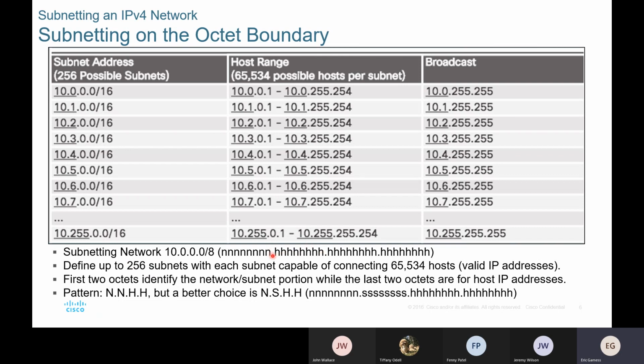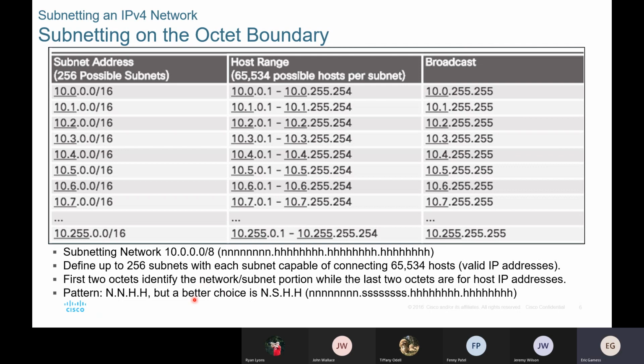Each subnet will have 16 bits to manage the host portion, so the total number of IP addresses will be 2 to the power of 16, which is 65,536. Since we always lose 2 IP addresses in the network, the first IP address and the last IP address, the number of valid IP addresses will be 65,534.